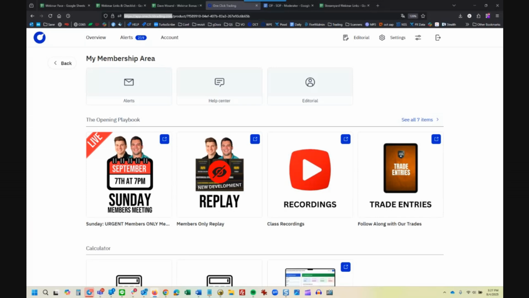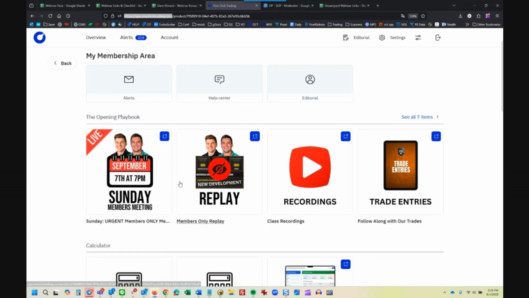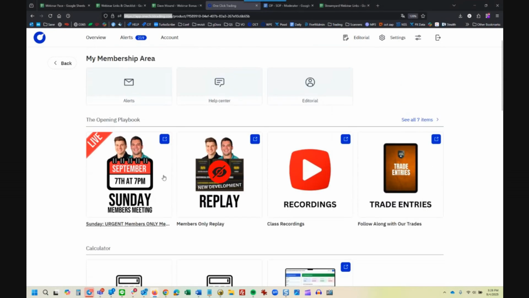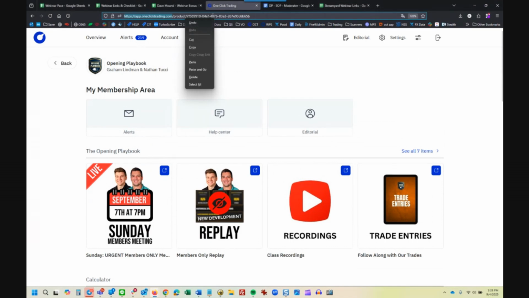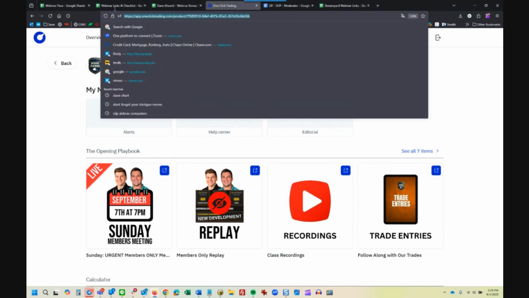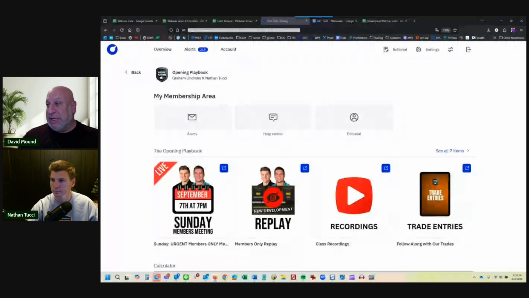And in order to get into this area, you'll have to have that $1 membership. If you are a member of the $1 playbook membership area, then you'll be able to gain access to this. I can even give you the direct link to the $1 members area. But again, this will not help you if you don't already have a login.